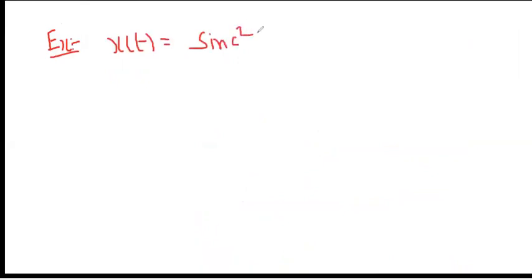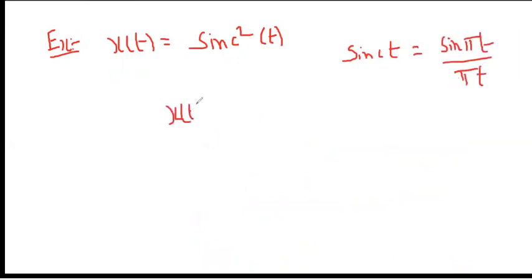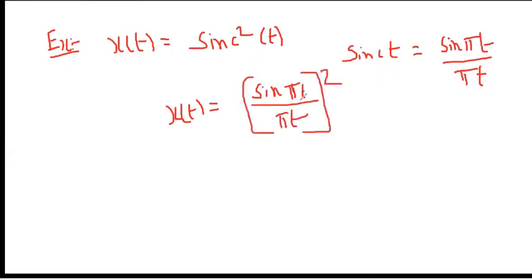Now another example: x of t is equal to sinc square of t. Sinc t is equal to sine pi t by pi t, my dear students. So x of t is equal to sine pi t whole square by pi t whole square, that is sine square pi t divided by pi t whole square.